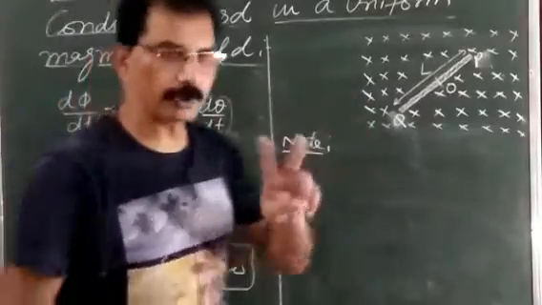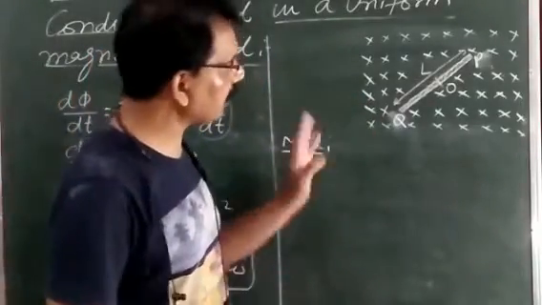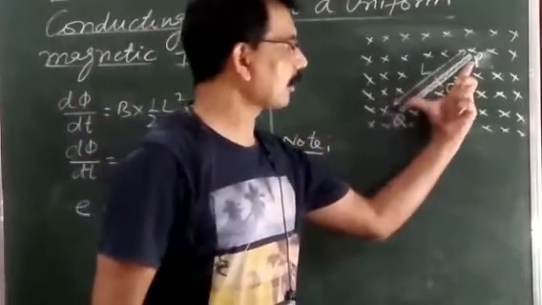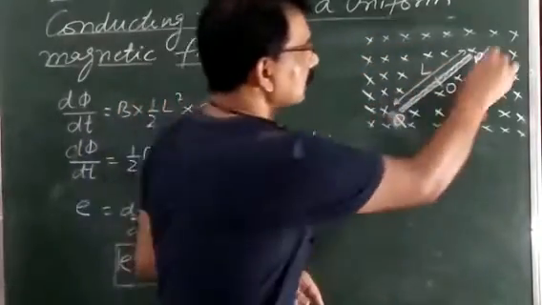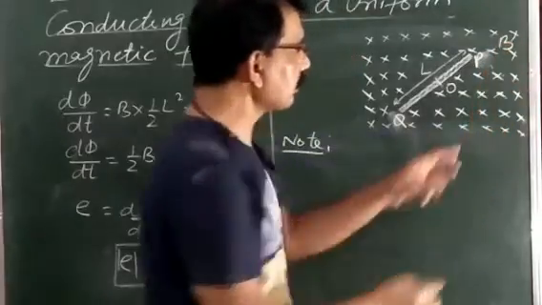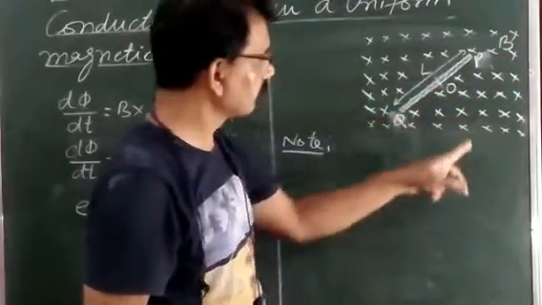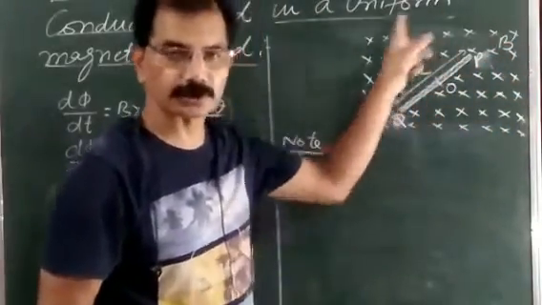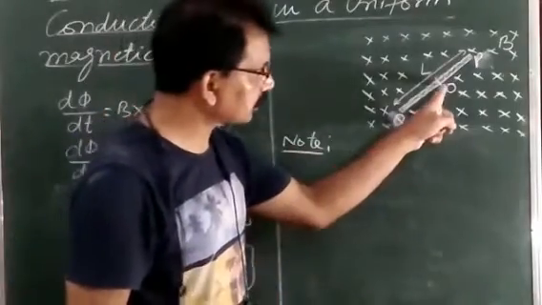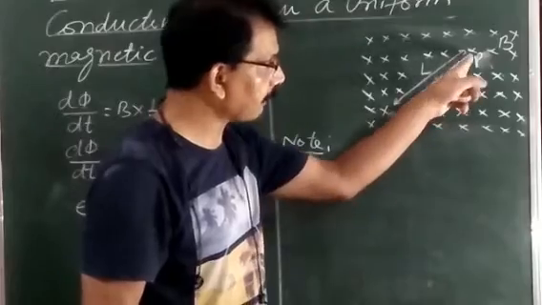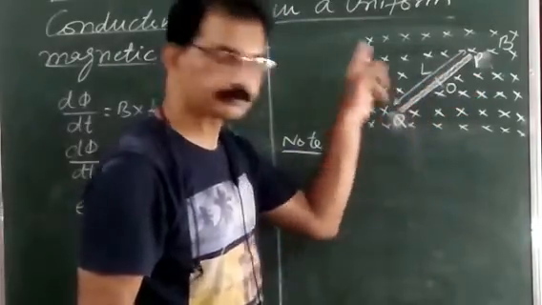Now there are two important points. Suppose we consider a conducting rod PQ of length L rotated in a uniform magnetic field B with constant angular velocity omega about an axis that passes through the point O and is perpendicular to its length.